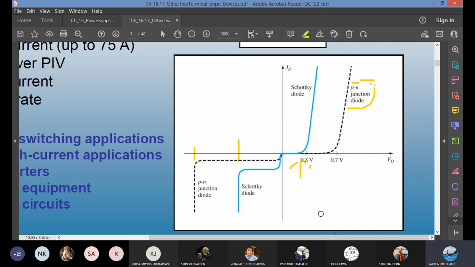This one needs less. Why? I'll explain this shortly. We have also seen on the bottom left the peak inverse voltage, PIV, or peak reverse voltage. It occurs earlier than for the PN junction diode. The reverse current has a higher magnitude than the reverse current of the PN junction.